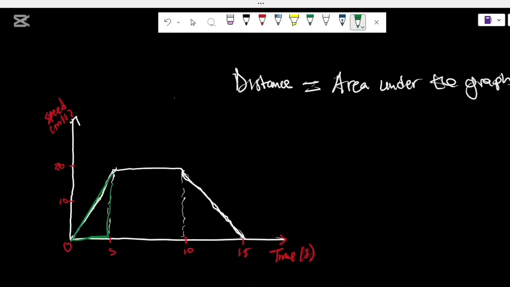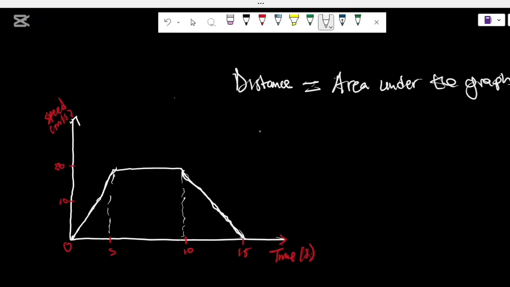So this shape is going to give you the distance. So if you can calculate the area under this graph, the area of this shape, then you can get the distance traveled by an object during the first 5 seconds. So let's just say we want to find this particular distance. The distance traveled or covered by an object during the first 5 seconds. So notice that the shape here is the triangle.